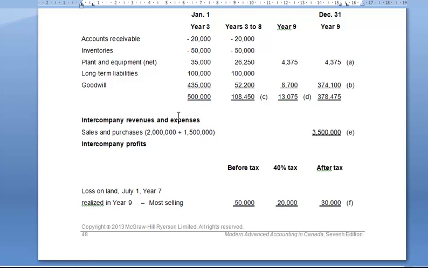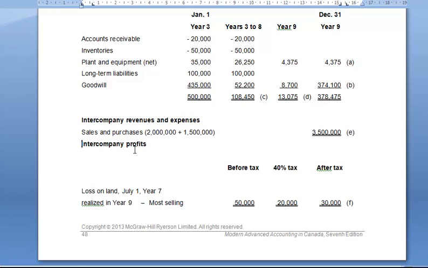We get the $2 million from the additional information, and it told us that during year 9, $2 million of Most sales were to Least. So this is what Most sold intercompany to Least, and this is what Least sold intercompany to Most. That's the 1.5 million. So in total we have 3.5 million in intercompany sales.